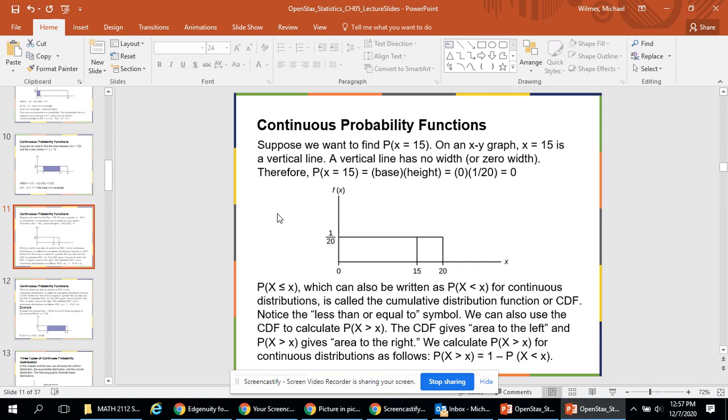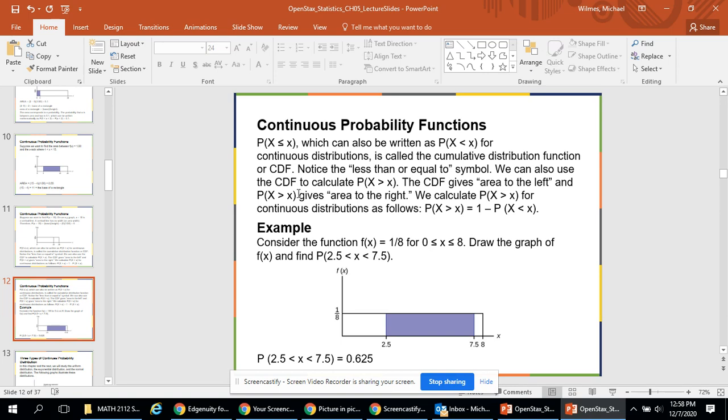Okay. Down here, they talk a little bit about what this CDF stands for. Cumulative distribution function, CDF, stands for less than or equal to. That'd be the area to the left of something. We'll be looking at that in a little bit.